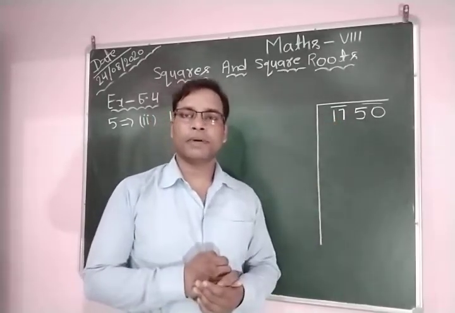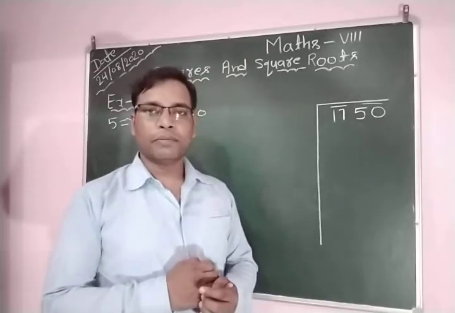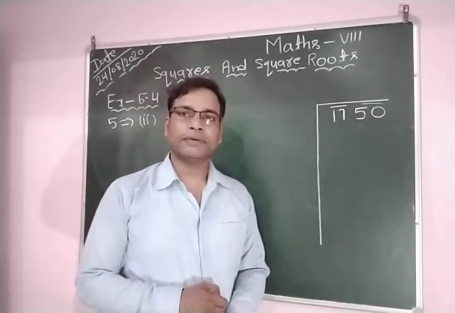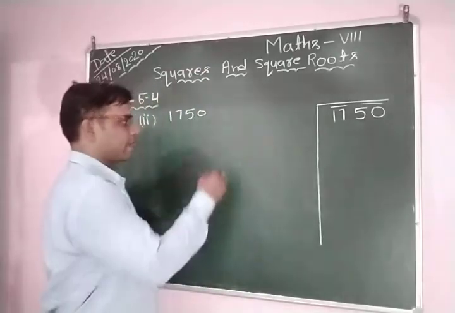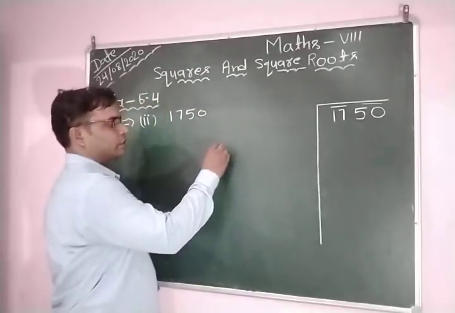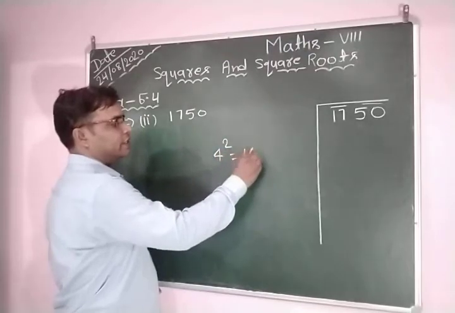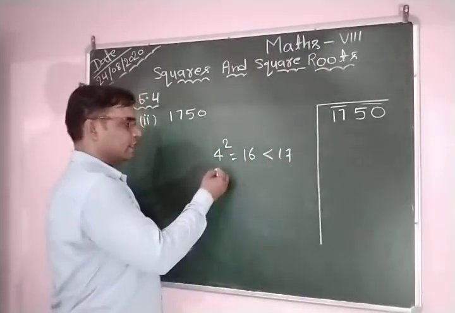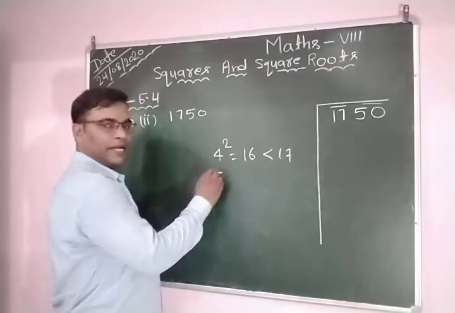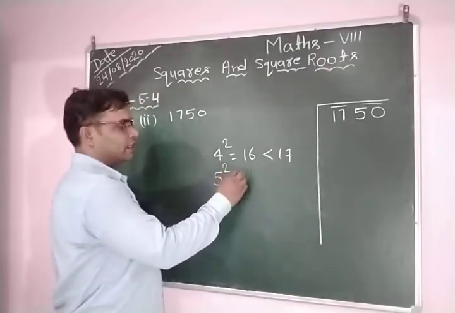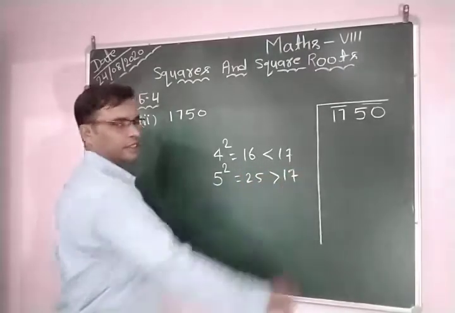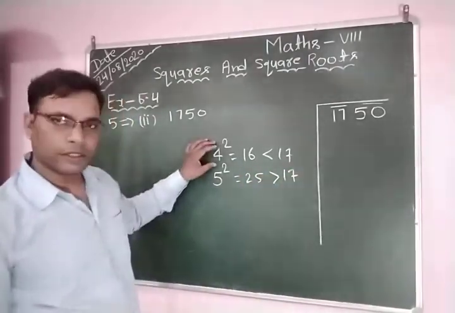We select a possible number whose square is less than or equal to 17. If we select 4, so square of 4 is 16. This is less than 17. Okay. If we take any other number, 5, so square of 5 is 25. This is greater than 17. Okay. So we select this 4.